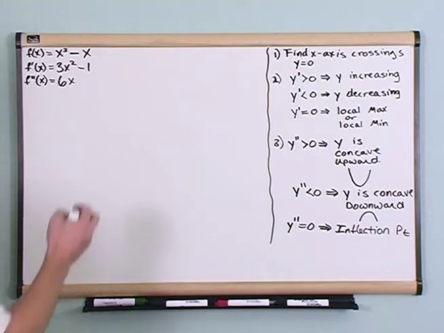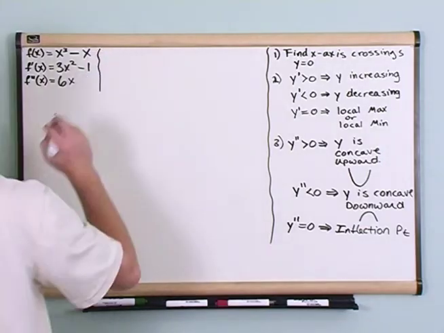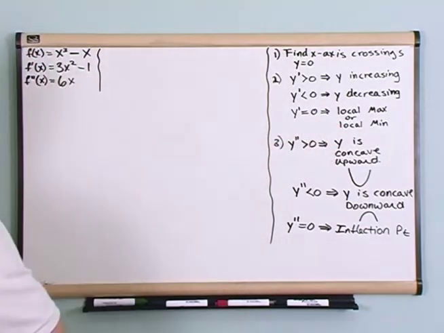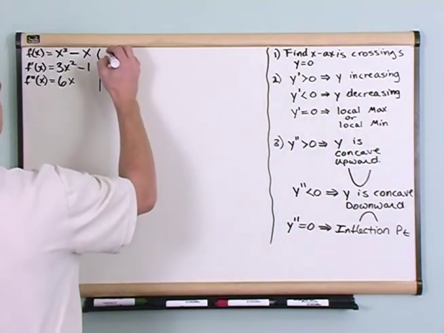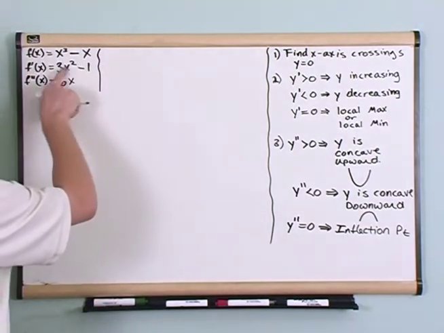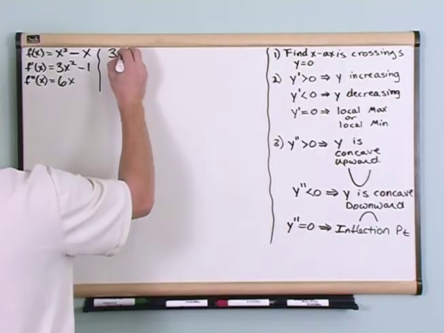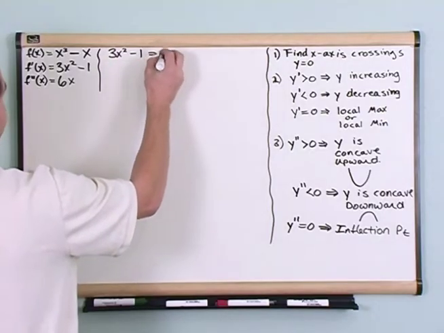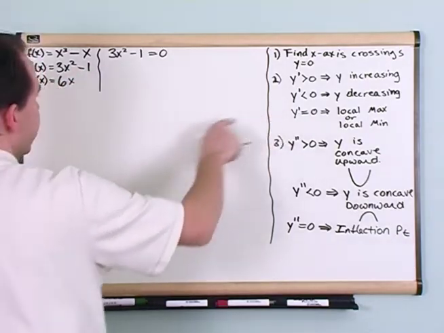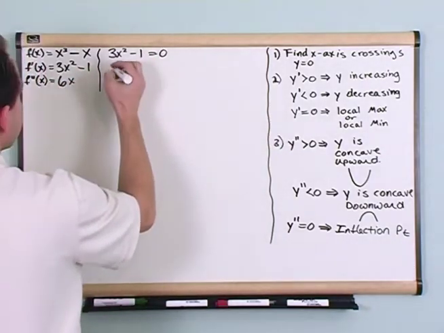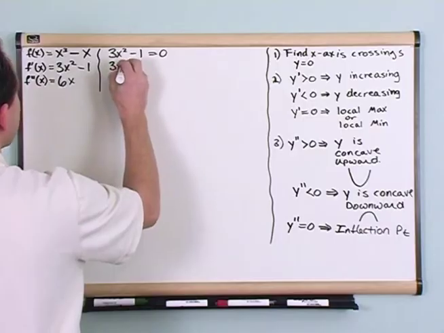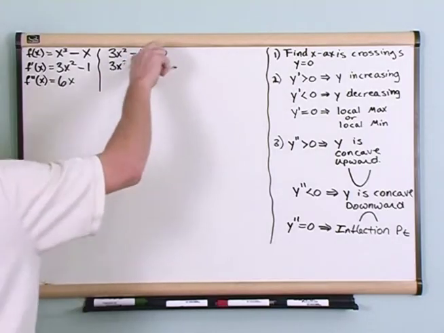Now let's find out where there's a local maxima or a local minima. I need to set the derivative equal to 0. So 3x squared minus 1 equals 0. Let's solve for this. 3x squared is equal to 1, just move the 1 over.